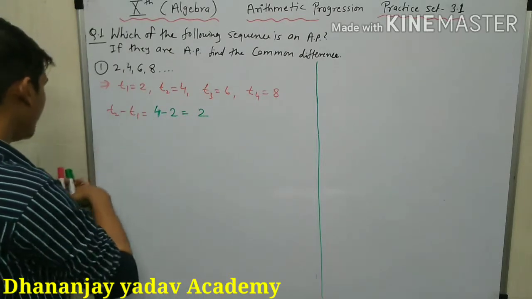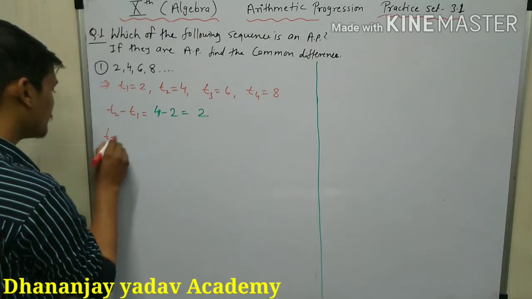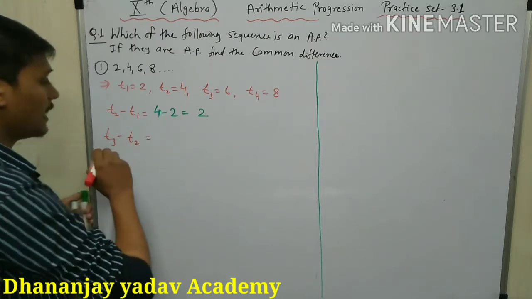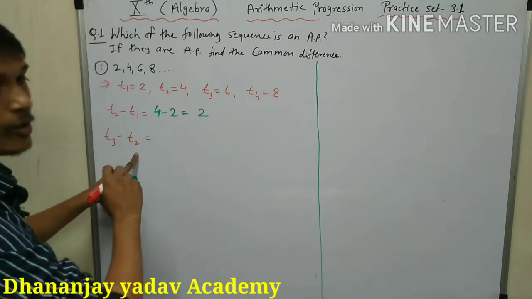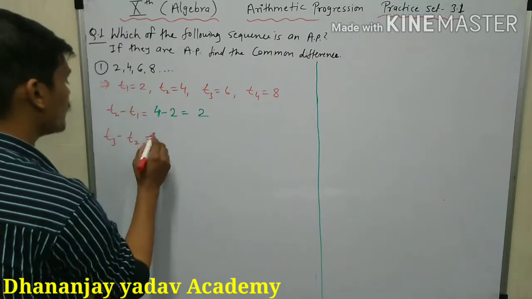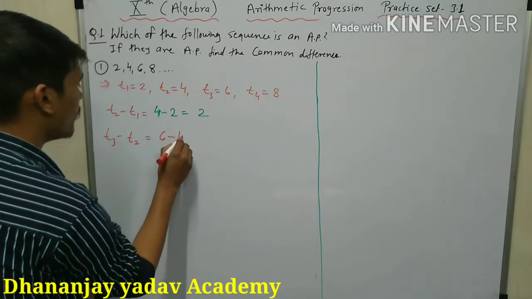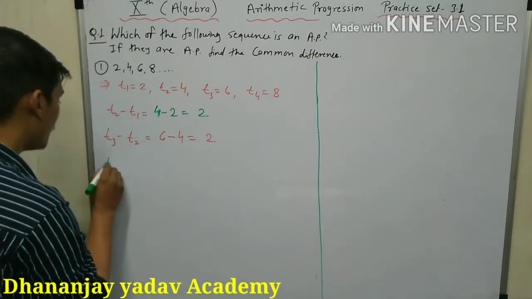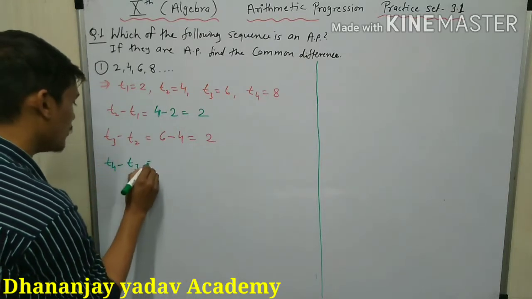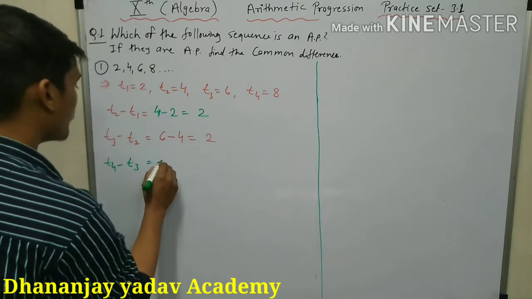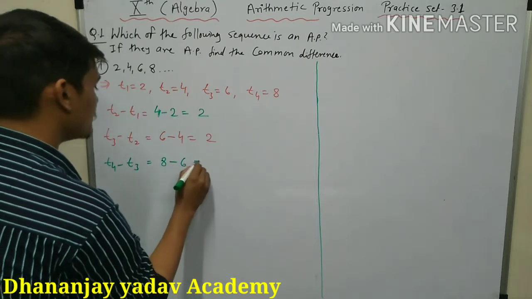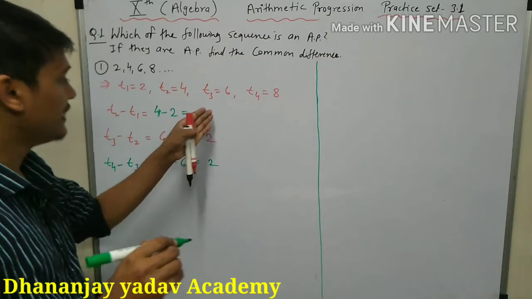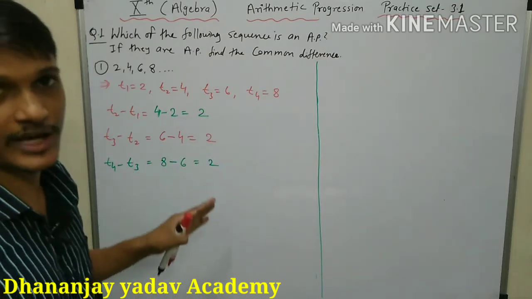Now T3 minus T2. Understood? Bigger minus smaller. T3 is 6 minus 4 is equal to 2. Now T4 minus T3 is 8 minus 6, which is 2. So the difference is constant.